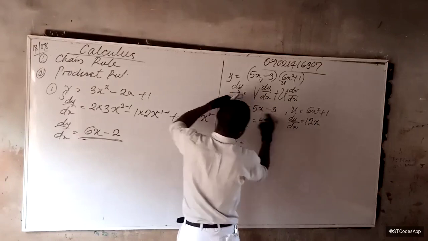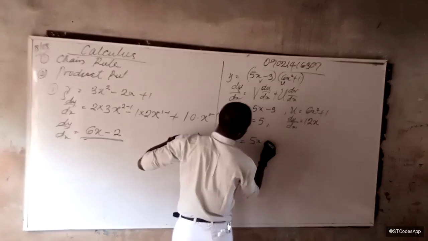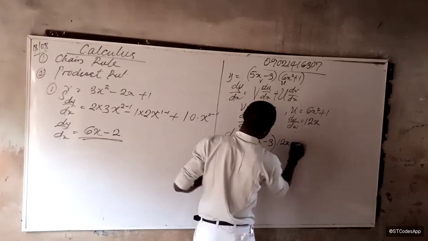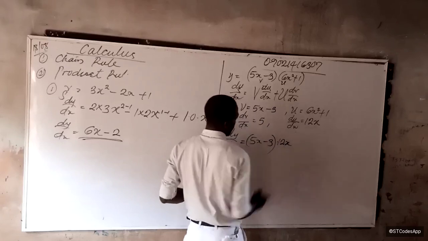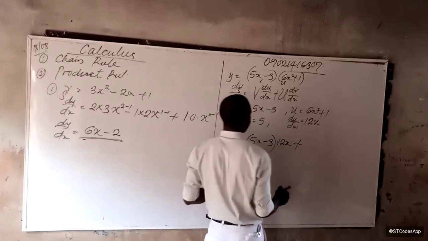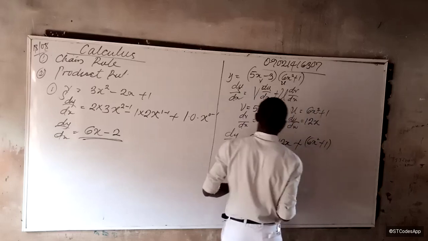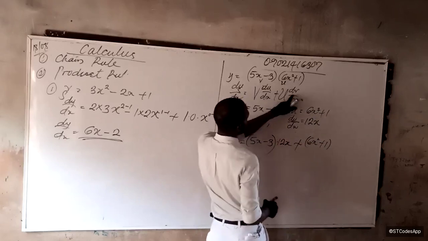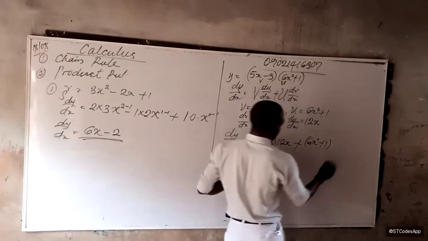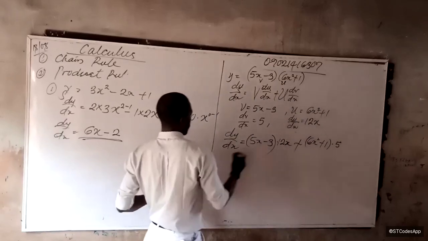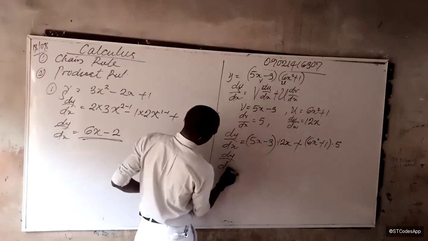So dy/dx will therefore be equal to v du/dx. What is v? v is 5x minus 3, then du/dx, 12x, times 12x. Then plus u, which is 6x squared plus 1, times dv/dx. What is dv/dx? 5, right? So we can now simplify this.